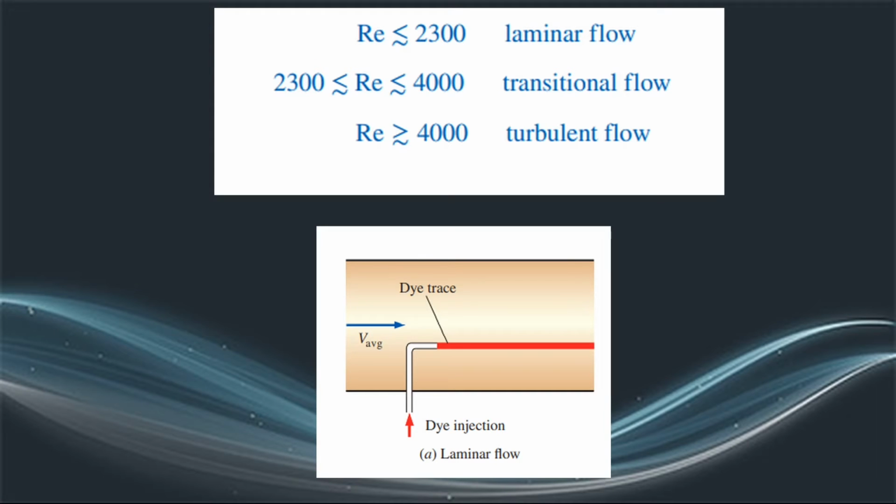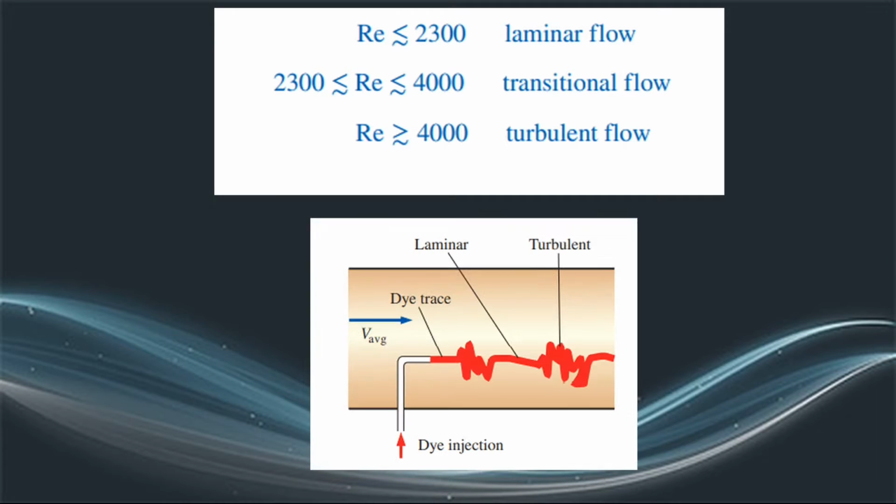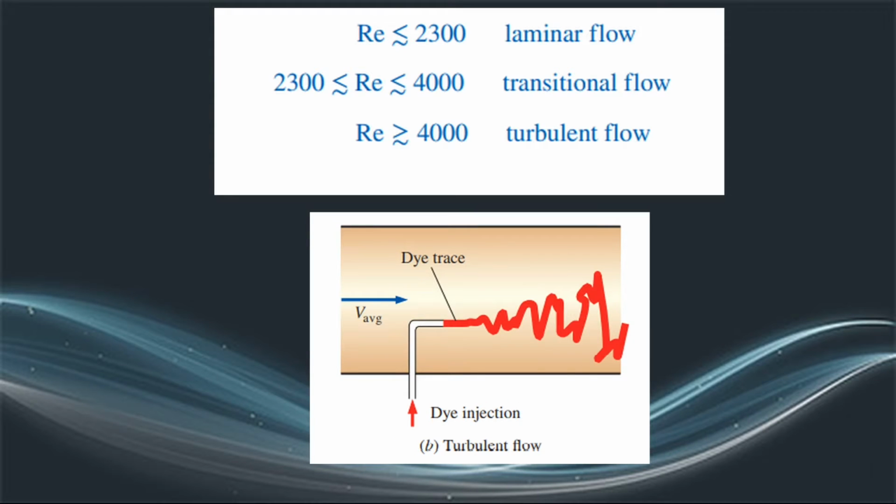If the Reynolds number is between 2300 and 4000, the fluid flow is transitional, which means laminar and turbulent flow switch back and forth. Then, if the Reynolds number is greater than 4000, the flow pattern is turbulent.